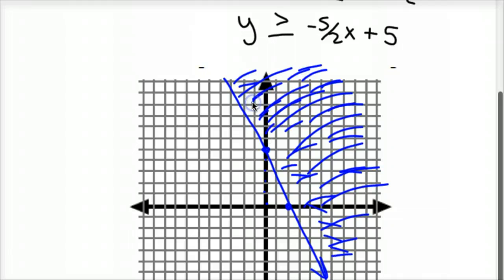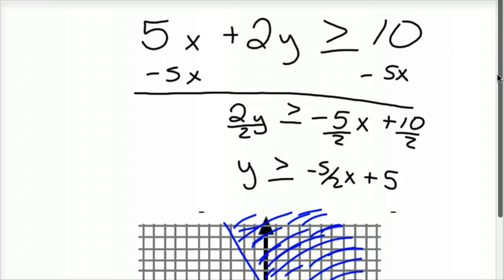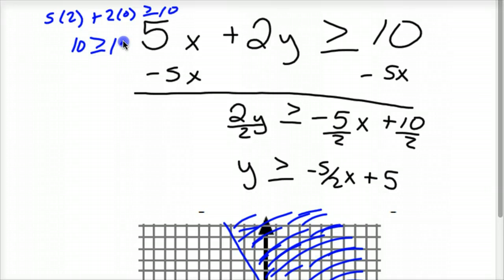So let's test it out. Here's a simple one. This one's 2, 0. If you plug 2, 0 into the original equation, you'd have 5 times 2 plus 2 times 0. Is that greater than or equal to 10? Well, yeah, 10 is greater than or equal to 10. That's true.